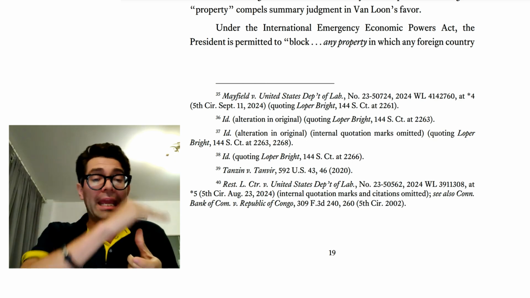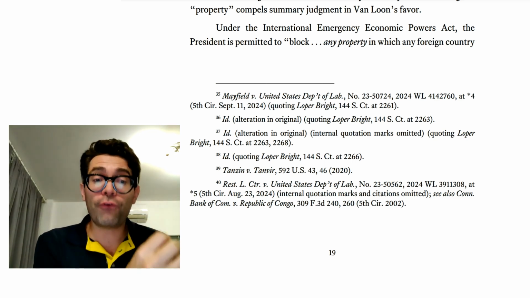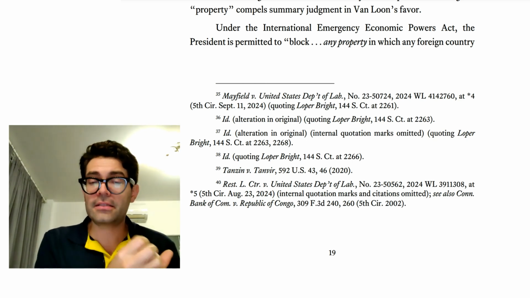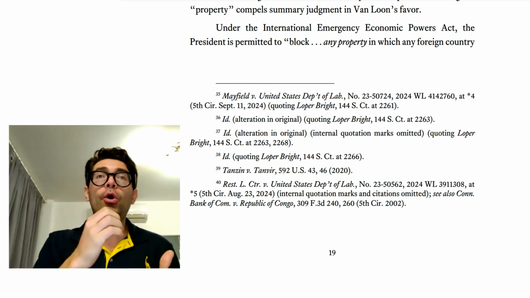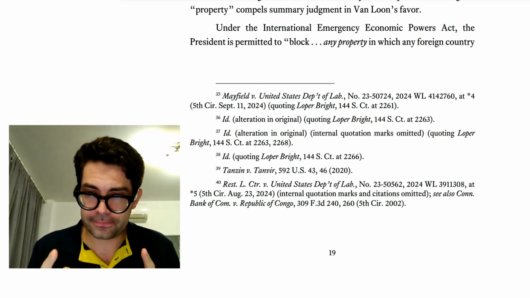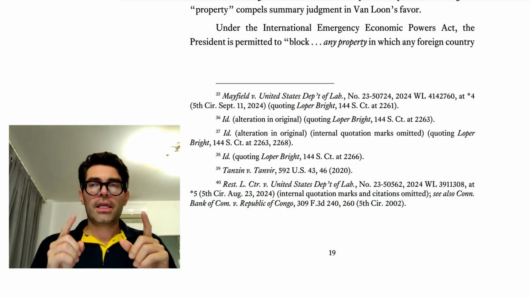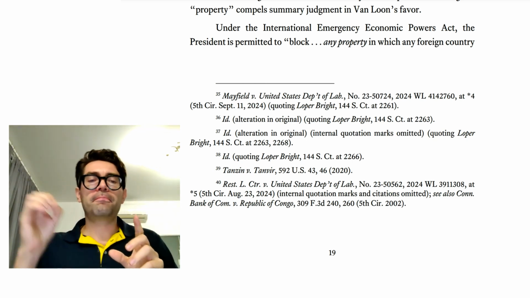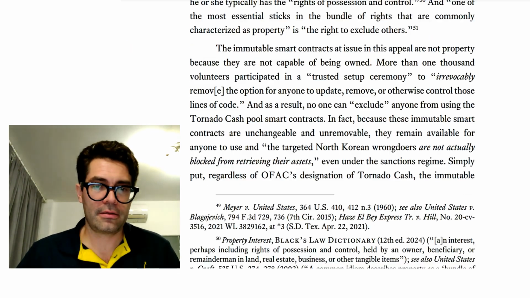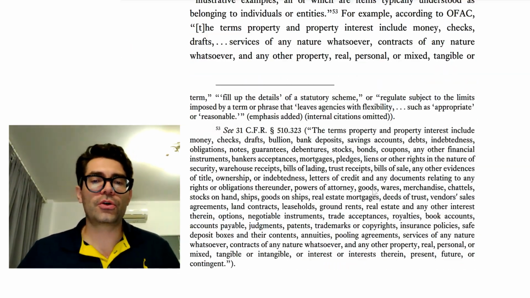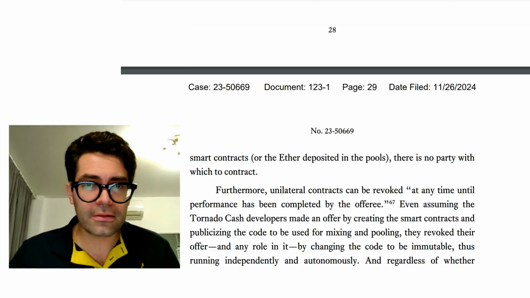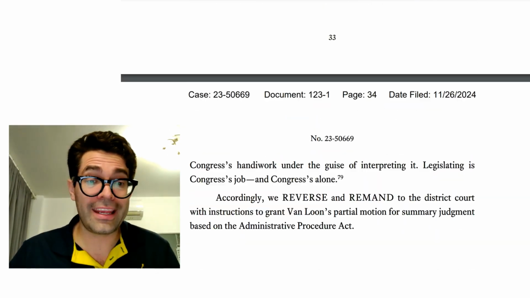You can add more elements, but an immutable smart contract that is not owned by an entity or a person by themselves is not property. Okay? So by not being property, what happens? You cannot sanction it. You cannot say you're a bad actor. That's what literally this 34-page document is saying.